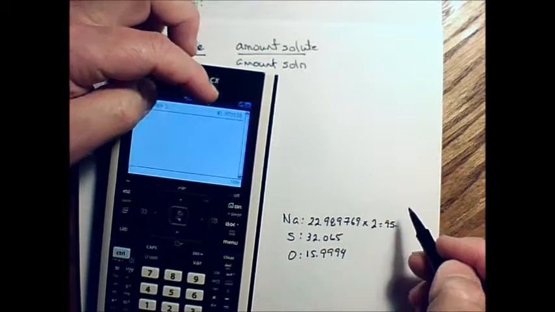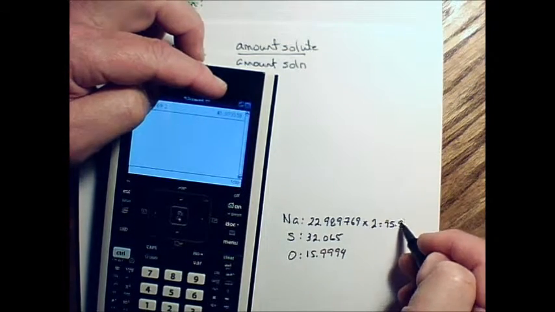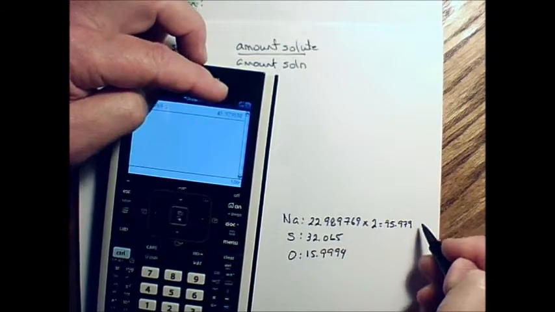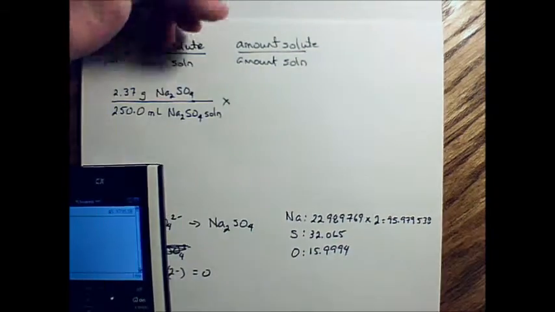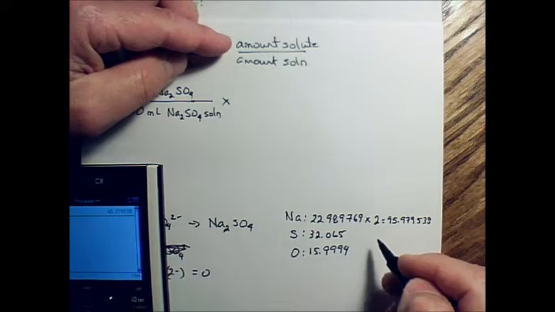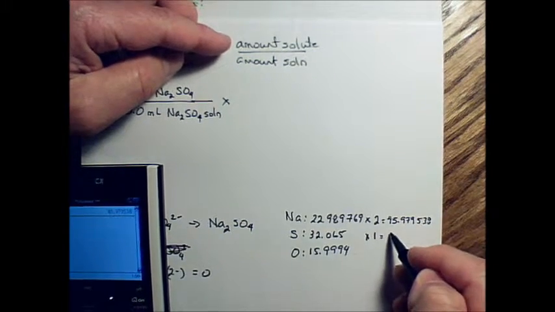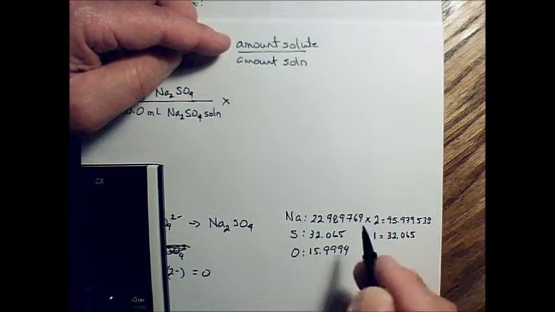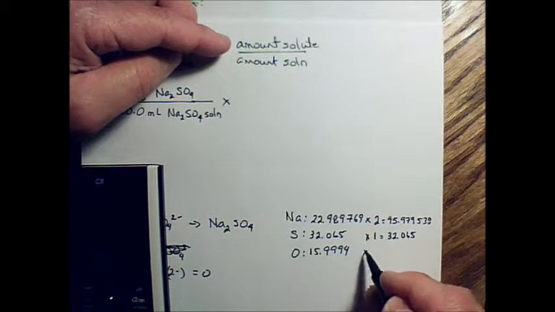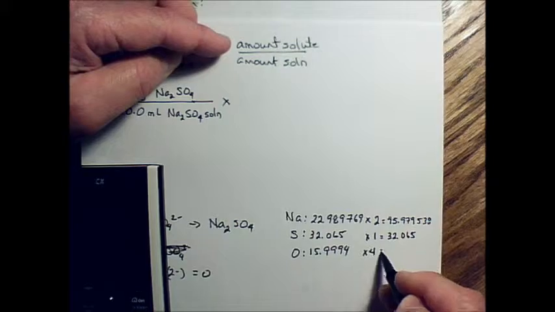All right, so the answer here is 45.979538. And in the formula, we only have one sulfur, so that's just times 1. We'll put the same number over here, 32.065. And then oxygen is times 4.